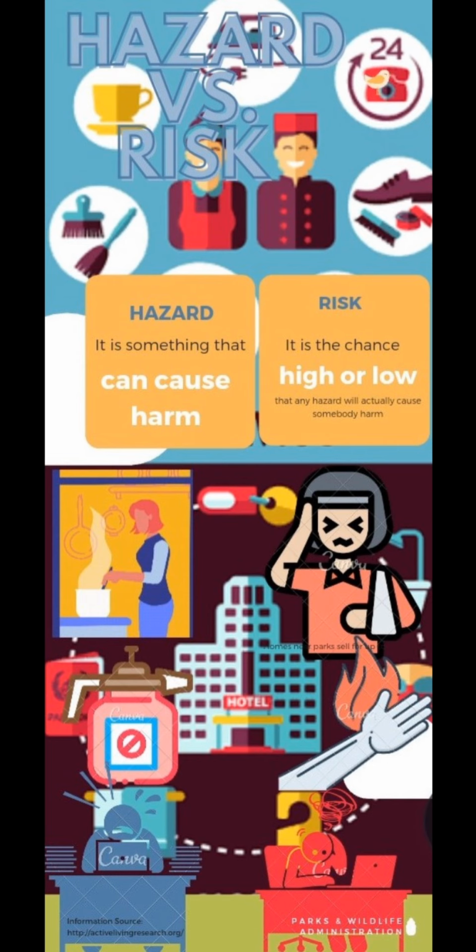A risk with this picture would be a danger that this situation may pose. For example, physical injury, chemical burns, and increased stress levels. For you to know what hazard and risk are, let's proceed to its types and examples.